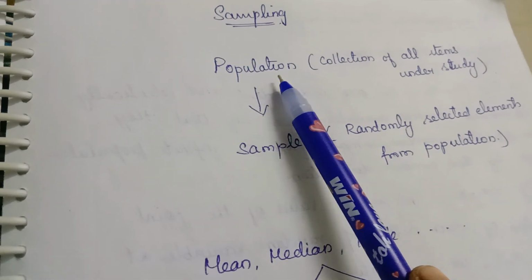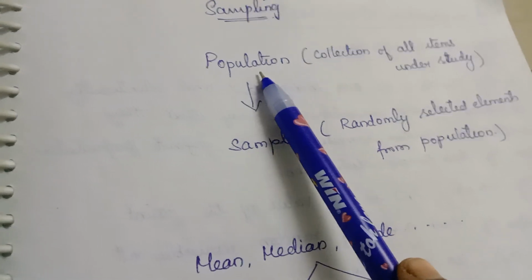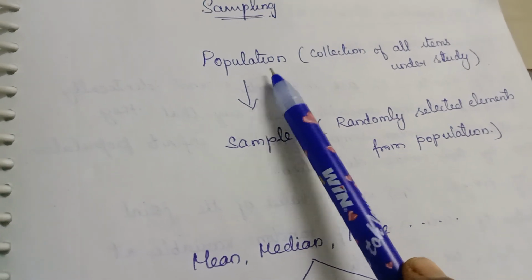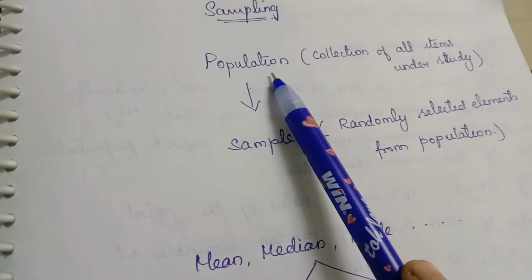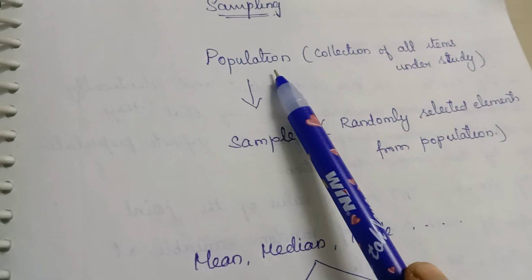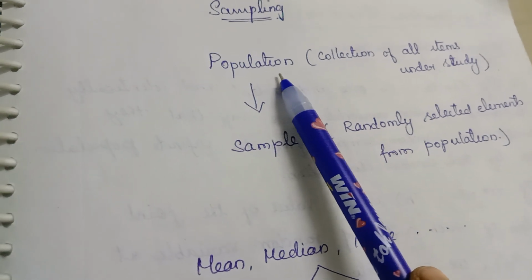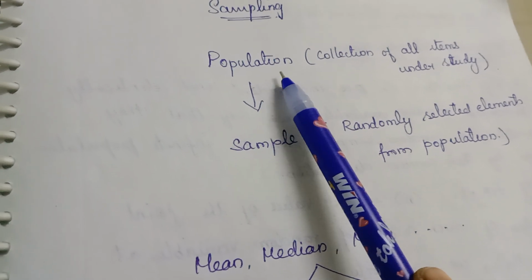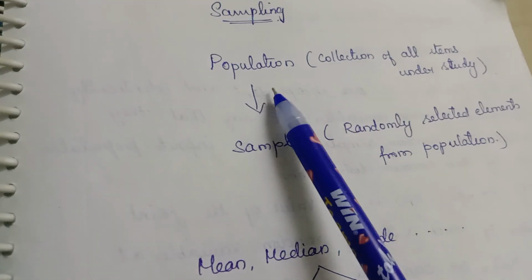That may be in lakhs, so that is a finite population. The population need not be finite, it may be infinite also. The case I am referring to here is a finite population: all students who appeared for the class 10 exam in a particular state.